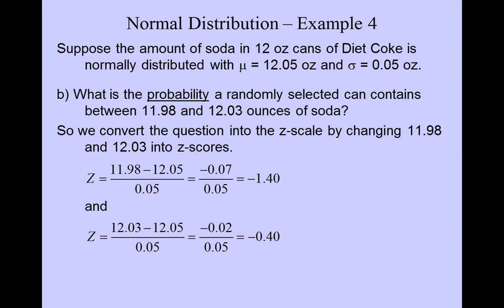For 11.98, we calculate z to be 11.98 minus 12.05, then divide by 0.05 to get negative 1.40. For 12.03, we calculate z to be 12.03 minus 12.05, then divide by 0.05 to get negative 0.40.